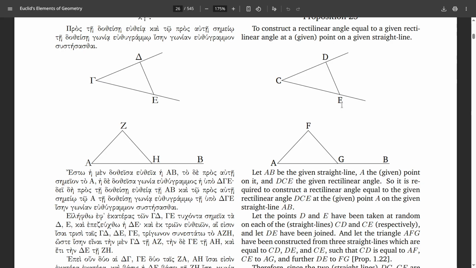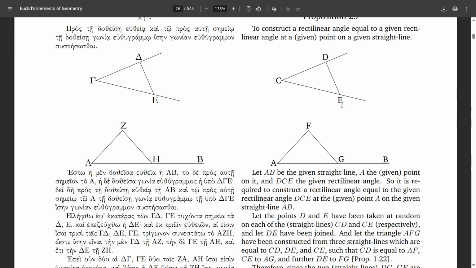Alright, and then D, pick a random point there. Put that needle precisely right where I need it.